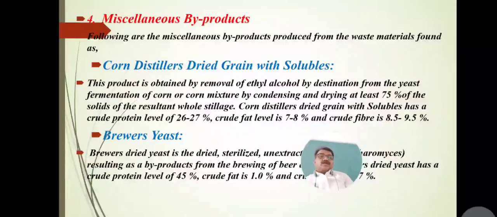This product is obtained by removal of ethyl alcohol by distillation from the yeast fermentation of corn or corn mixture, by condensing and drying at least 75% of the solids of the resultant whole stillage.